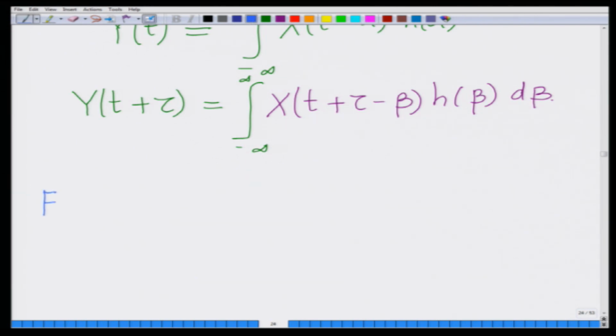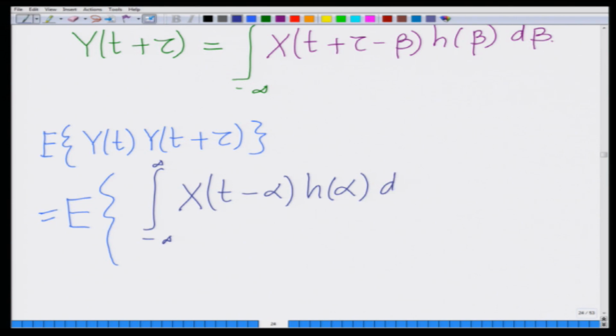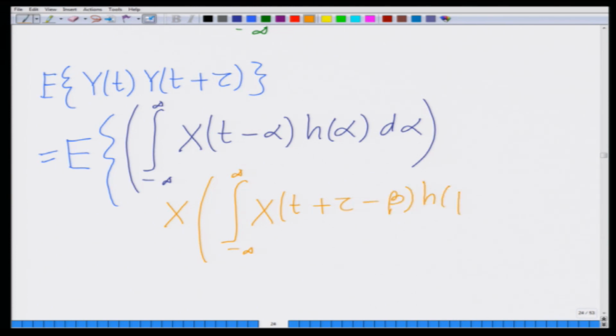The autocorrelation of this is the expected value of y of t times y of t plus tau, which is equal to, now I have to write a slightly long expression, the expected value of integral from minus infinity to infinity x of t minus alpha h of alpha d alpha, times the integral from minus infinity to infinity x of t plus tau minus beta h of beta d beta.